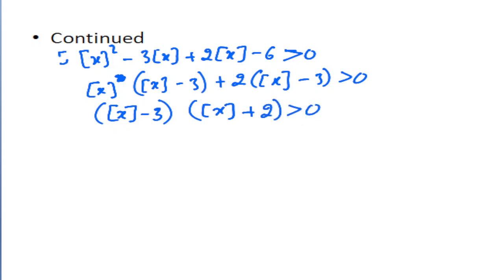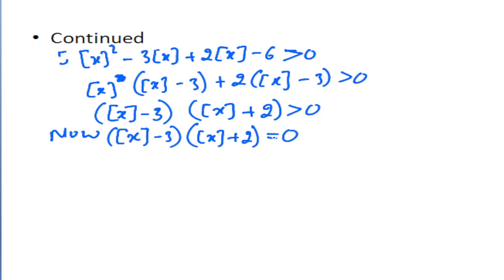Now how to decide? For what values of greatest integer function x is this inequality true? The product of these two factors must be greater than 0. For this, friends, we will take it as an equation first. Now we will consider this as an equation. Carefully listen. Greatest integer function x minus 3, greatest integer function x plus 2.